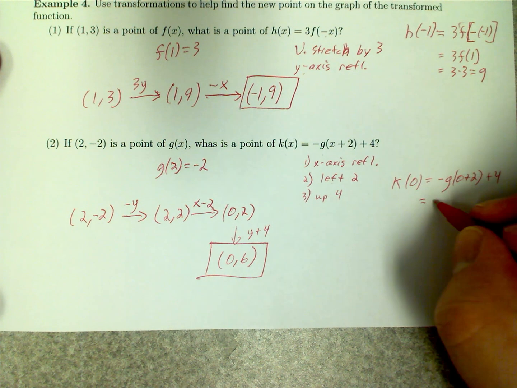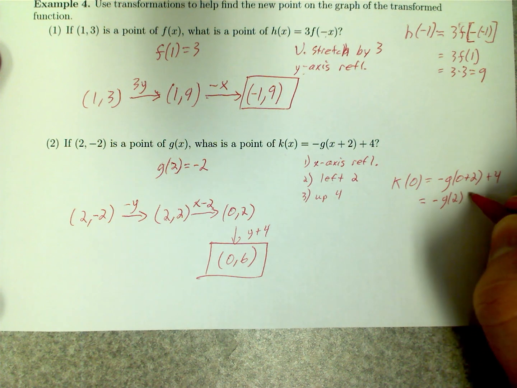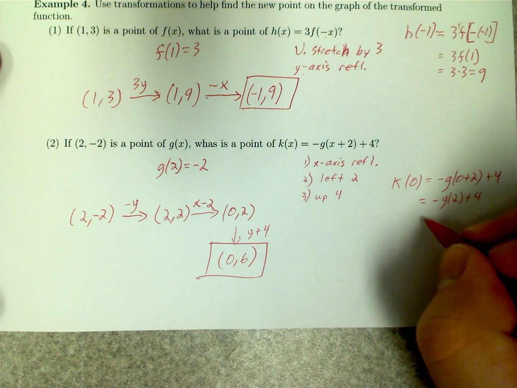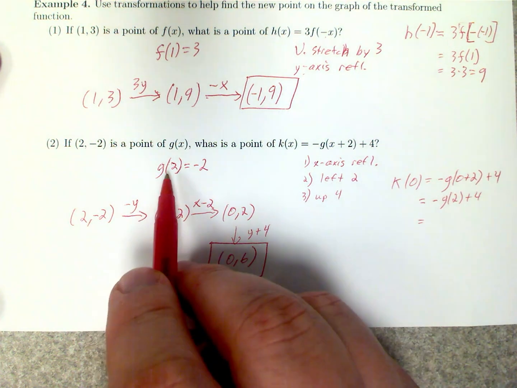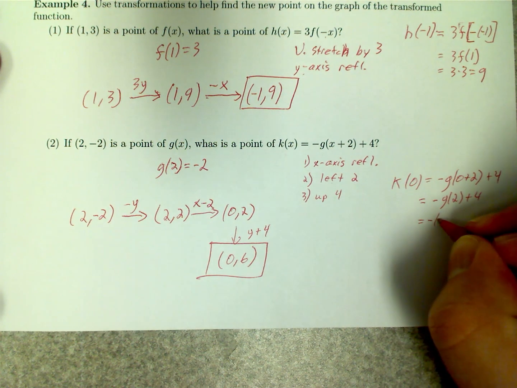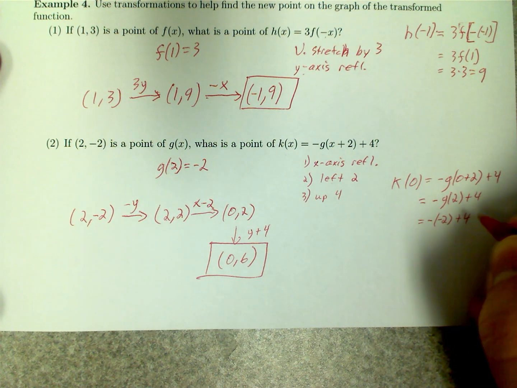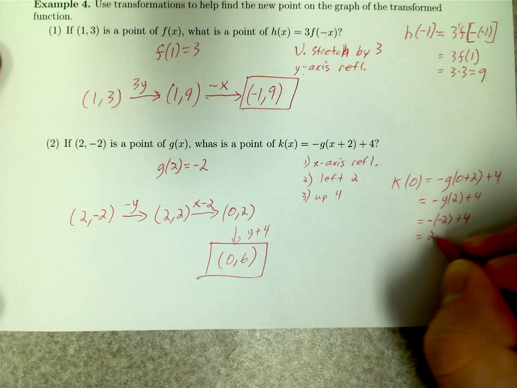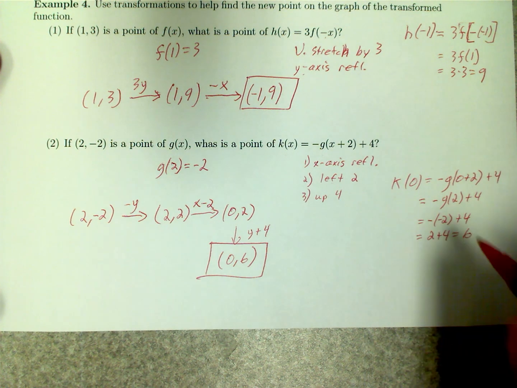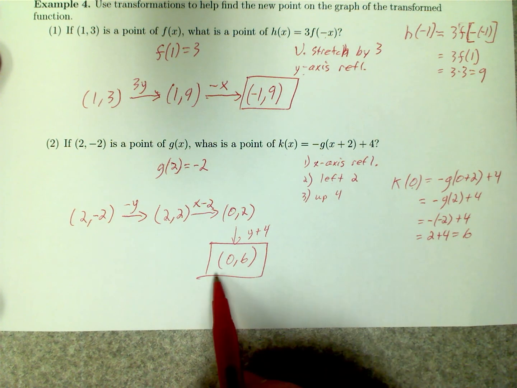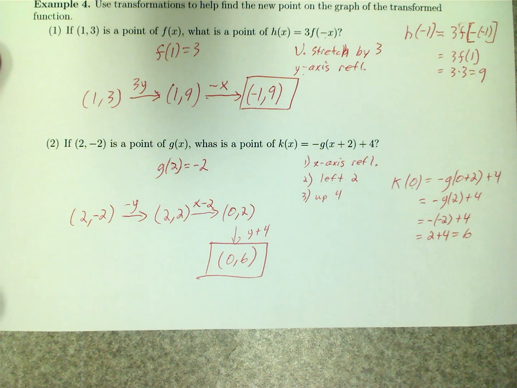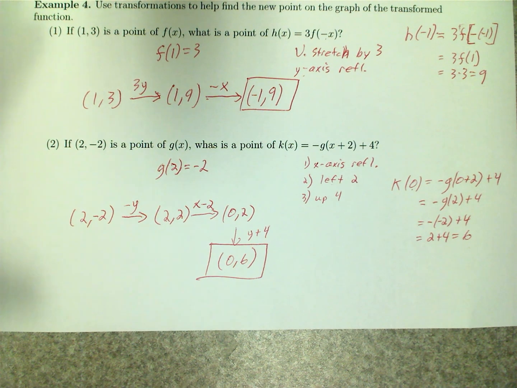And 0 plus 2 is 2. So negative g of 2 plus 4. G of 2, as we noted, is negative 2, so negative of negative 2. Negative of negative is positive, so 2 plus 4, which is in fact 6. So we plug in 0 to k and we get out 6, which is exactly what this says. This concludes this lecture.